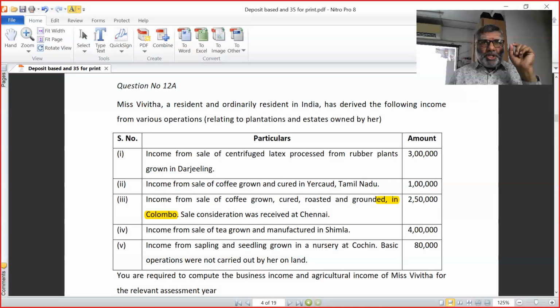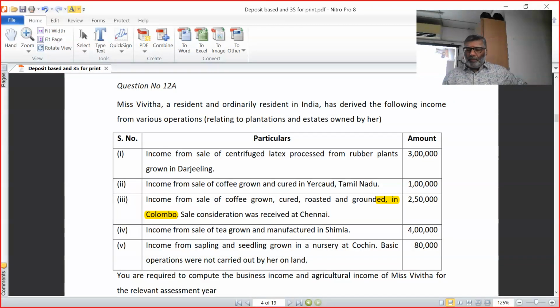The question starts with she is a ROR. The only difference in examination is that within the bracket they don't give answers. Income from sale of tea, okay, 60-40. Income from sapling and seedling is fully exempt. The Supreme Court judgment has said that this is fully exempt.